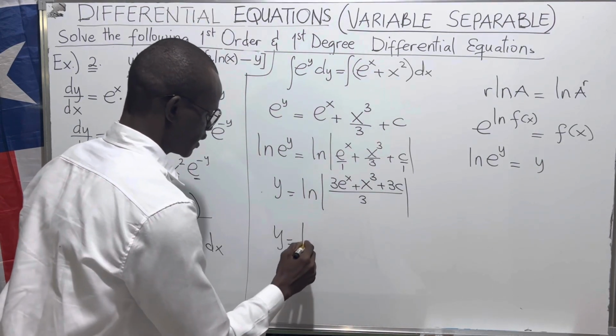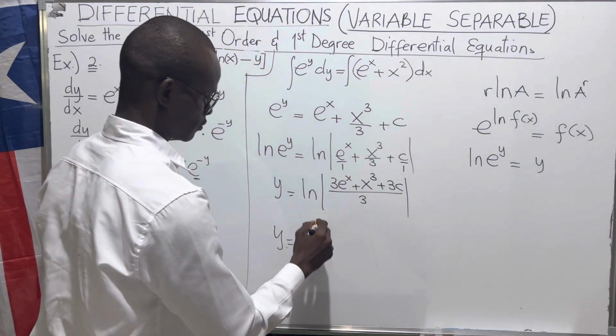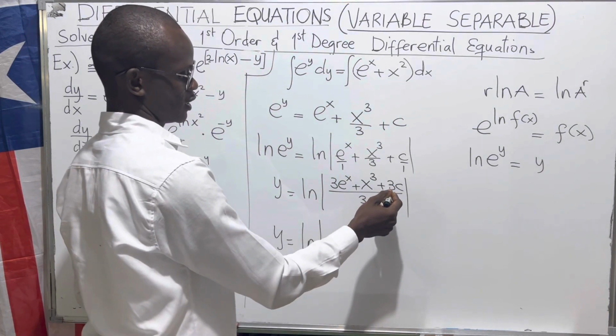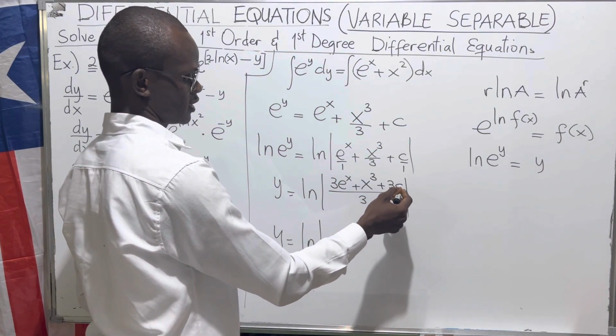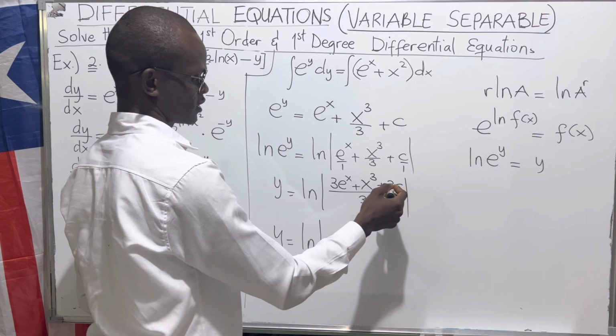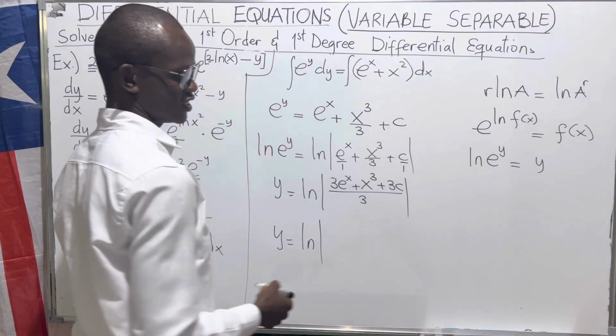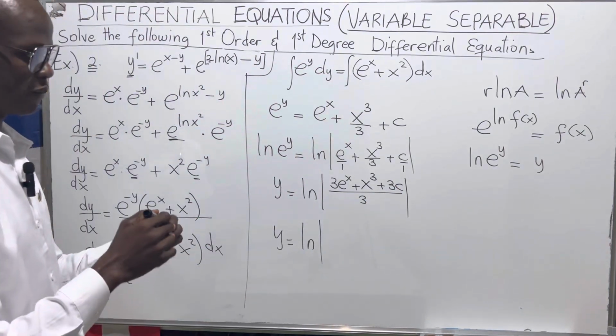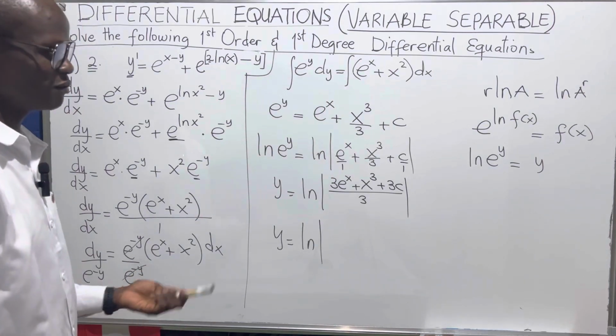So y equals the ln of this expression, and this 3c is just the same as saying c, right? Or you can leave it like that, it doesn't matter.